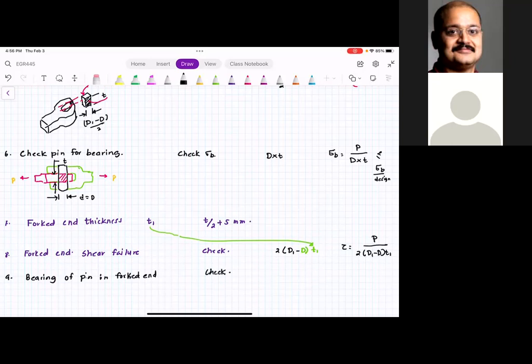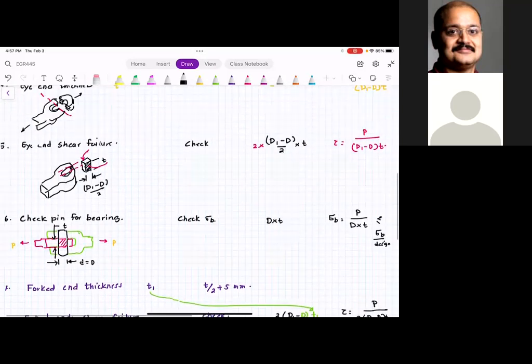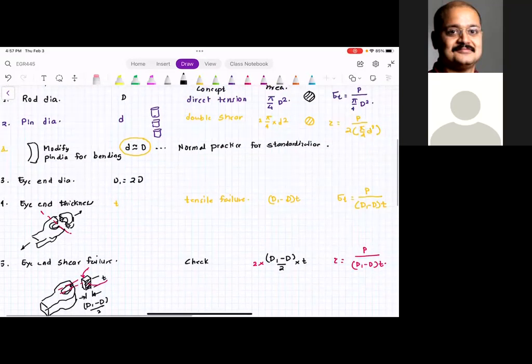The resisting area is going to be T1 times 2 times D, and sigma B is going to be P divided by T1 times 2 times D. And once this is done, you can actually complete the design.